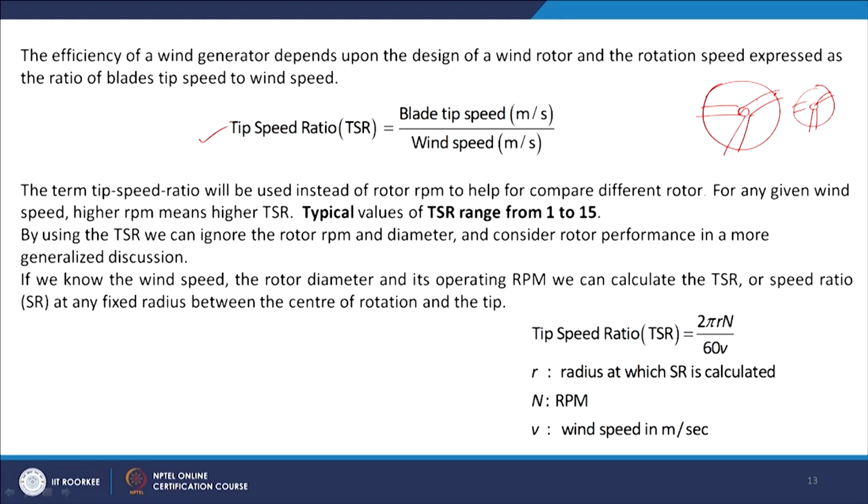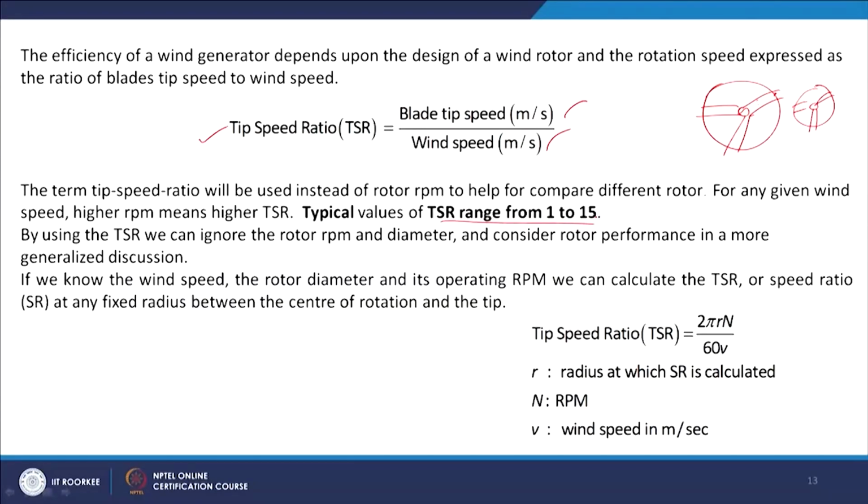Tip speed ratio is defined as the blade tip speed in meter per second divided by the wind speed. We take the wind speed and the blade tip speed we are getting, so that we get one number, and that is easy to compare two different machines. This TSR range is 1 to 15.